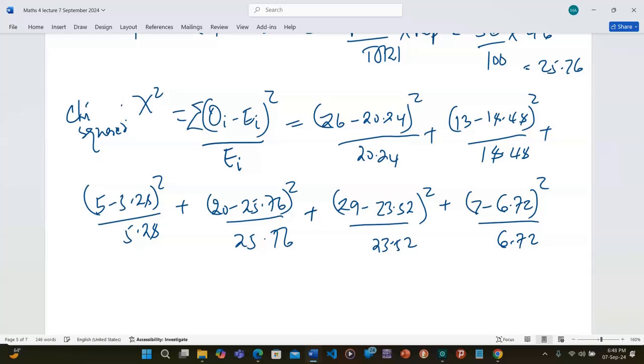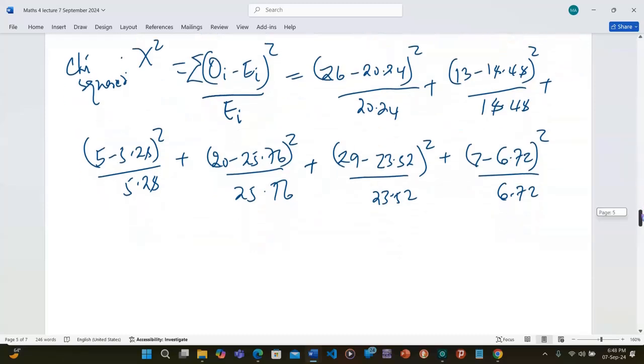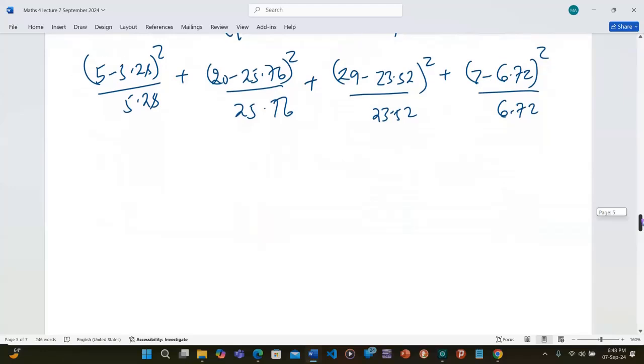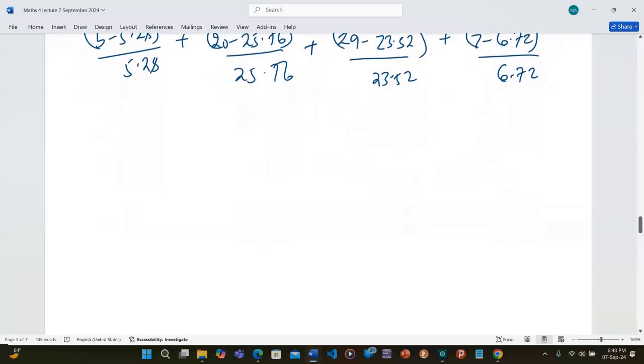So when I sum all this, I should be able to get a chi-square value, which is 5.86. Now, this is the calculated value.